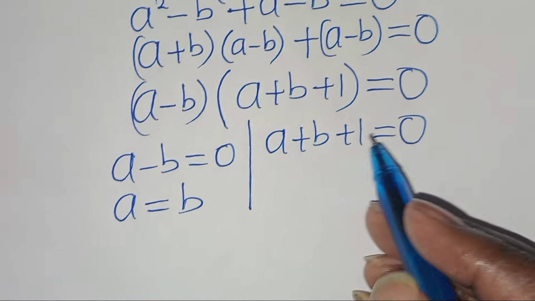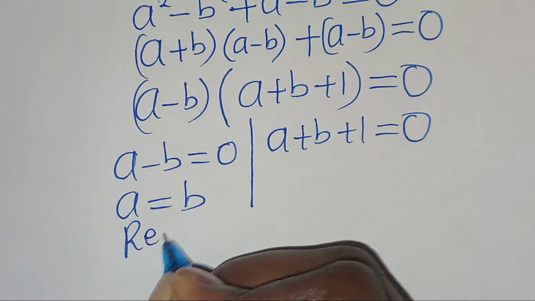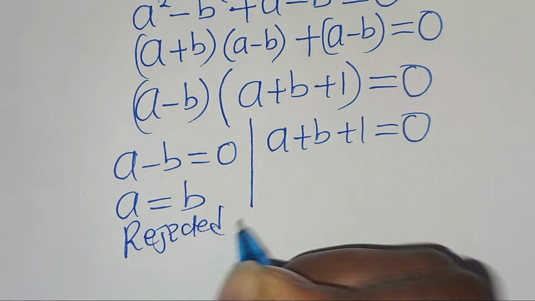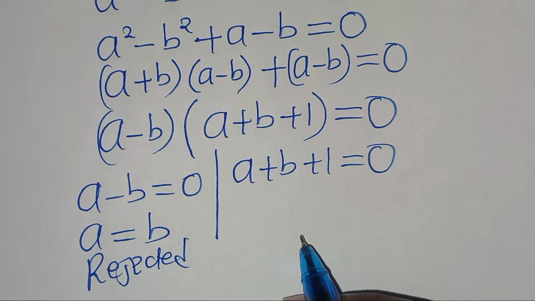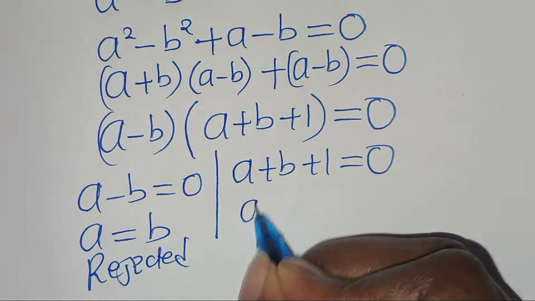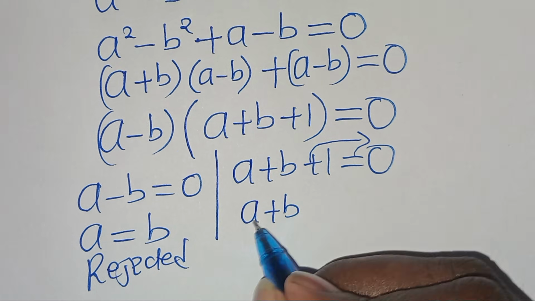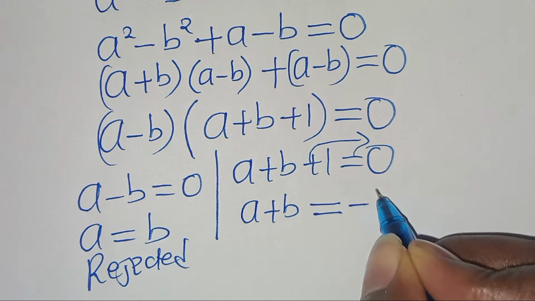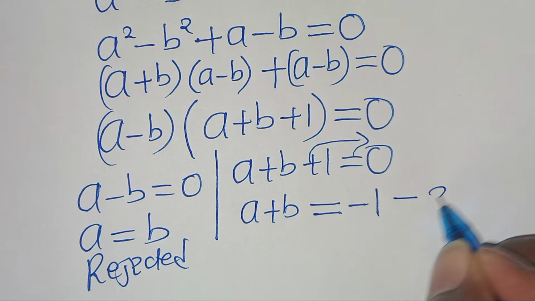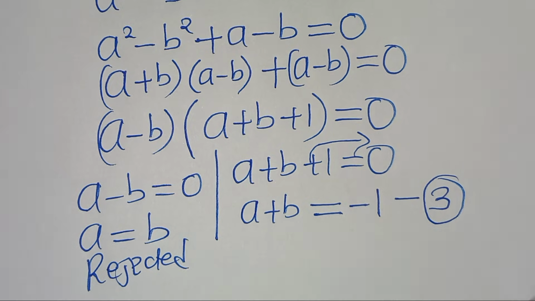So the first part here is rejected. So let's proceed with the second part here, which is a plus b plus 1. So let's take 1 on the right hand side. A plus b will be equal to minus 1. Let's call this equation 3.